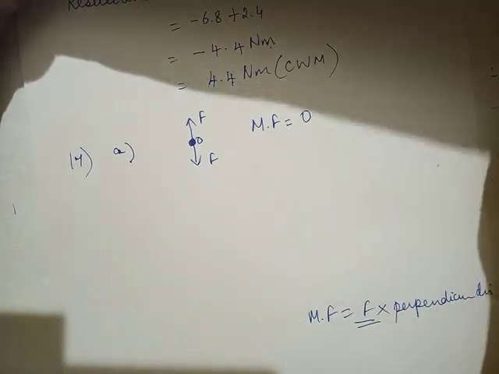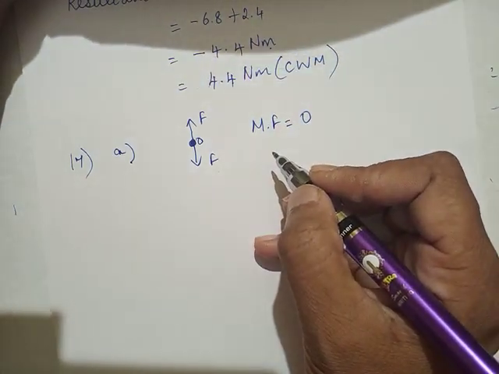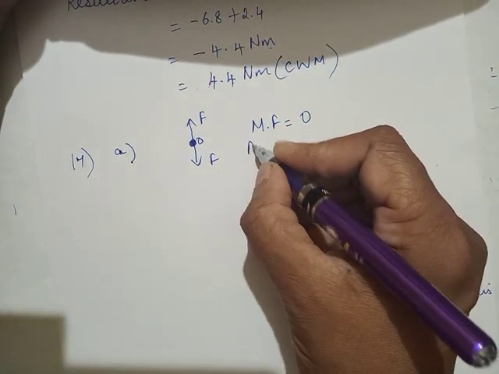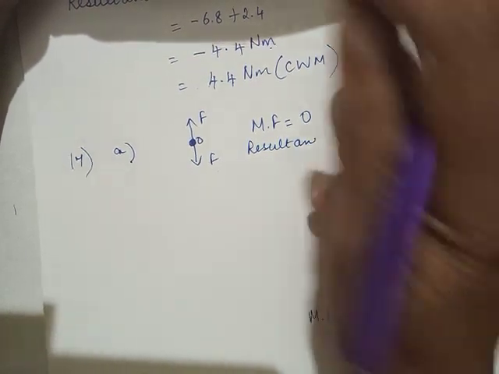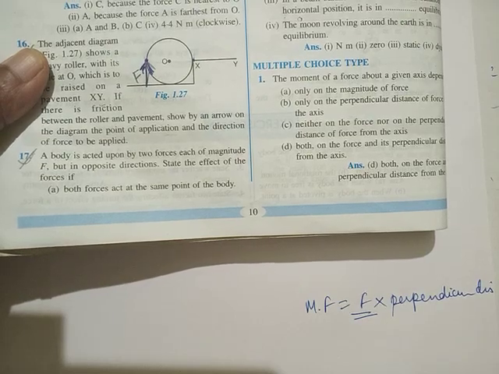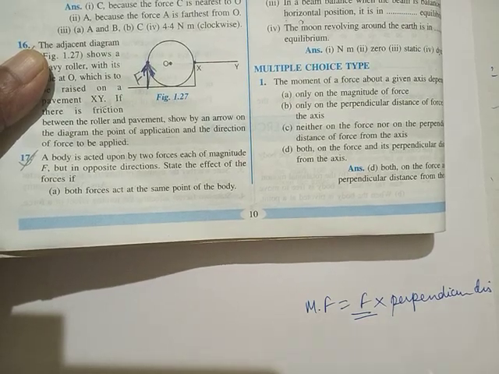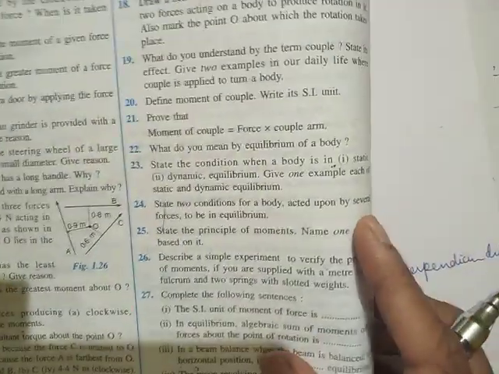So resultant will also be 0, and there will not be any motion. Now, state the effect of forces. Effect of forces means you have to write whether it will move or not move and in which direction. So here the answer will be resultant force is 0, so it will not move.